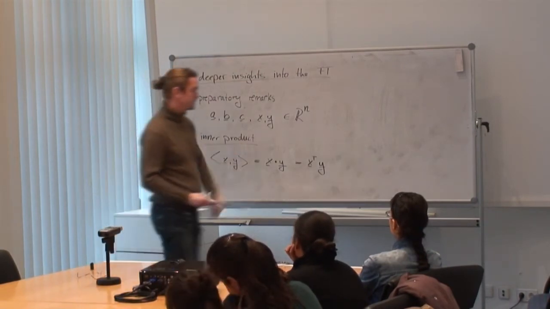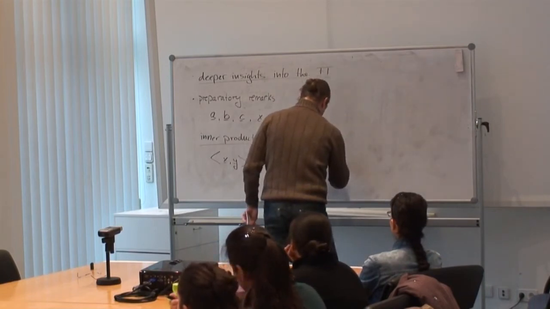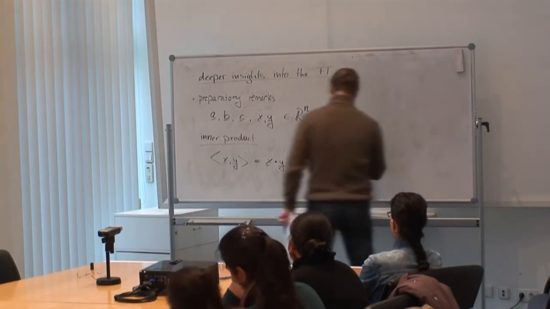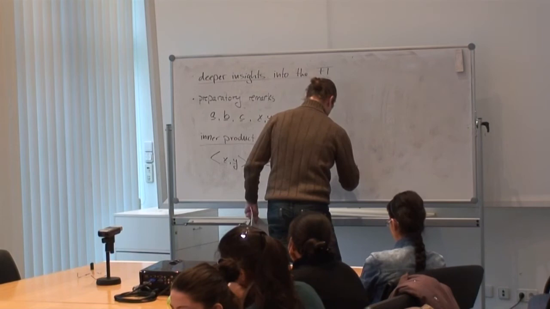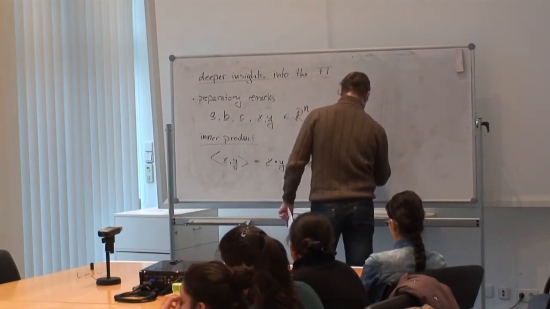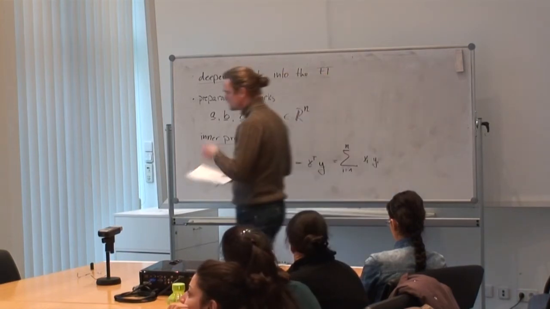What they all mean in the end is the following. All these three expressions are just a shorthand for this summation. We have a sum that ranges from i equals 1 up to n in our case, and then x_i times y_i.